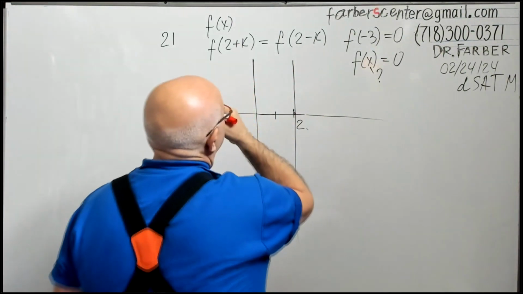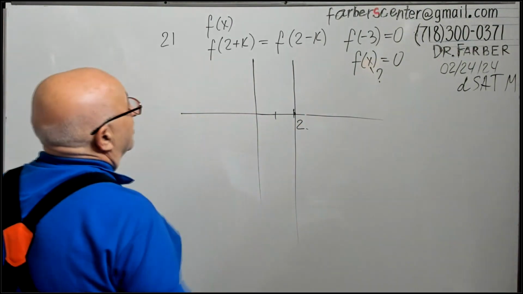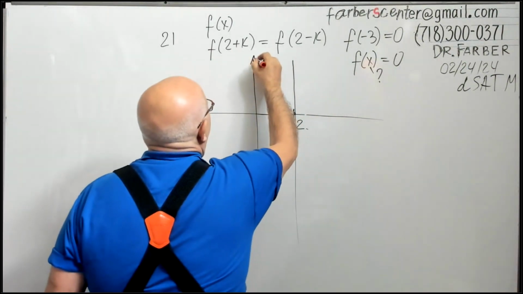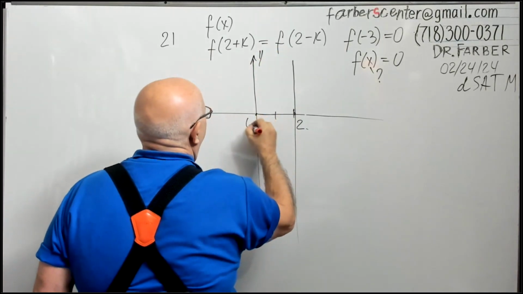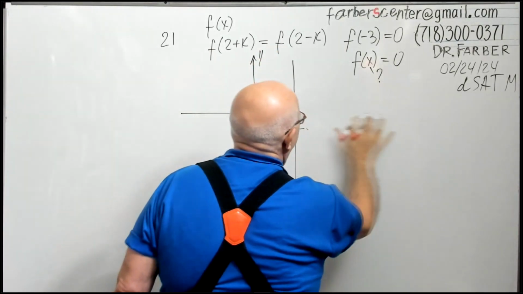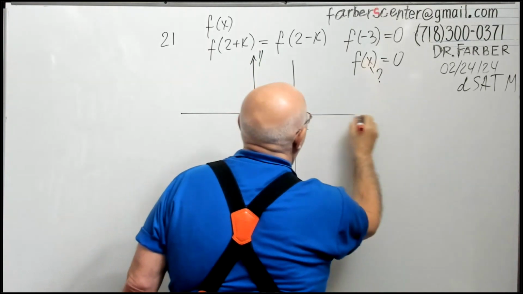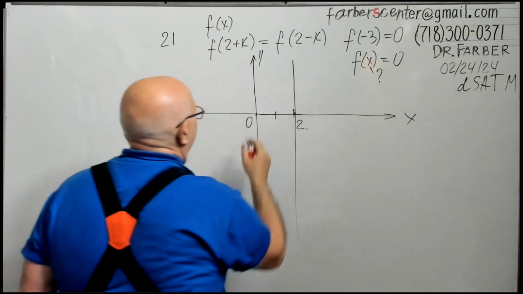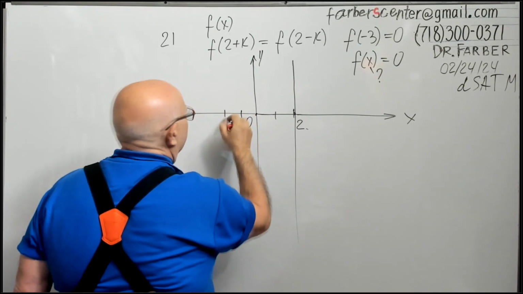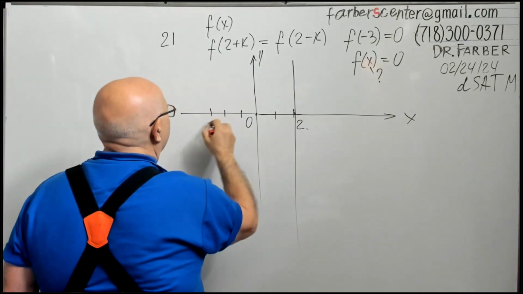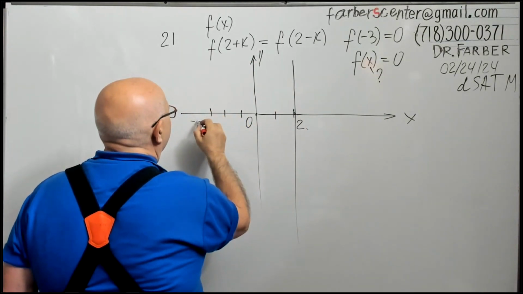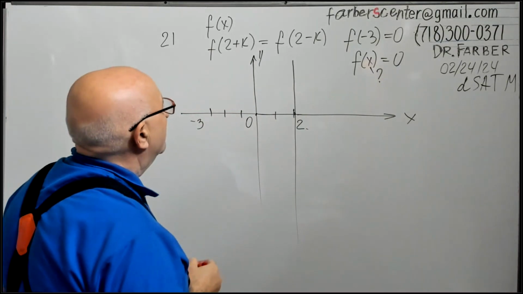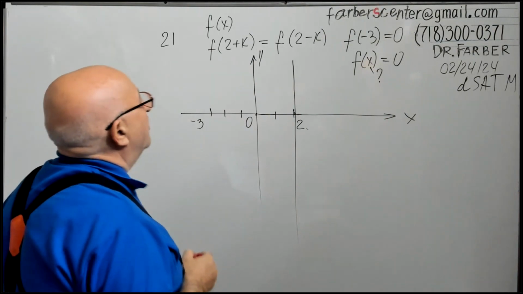This is y, the origin, and the x coordinate. And this is -1, -2, -3. Can you see this from this?